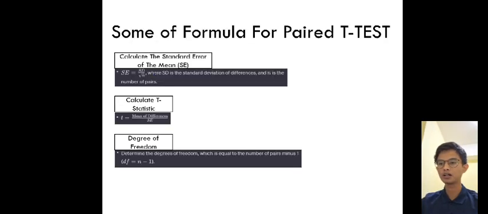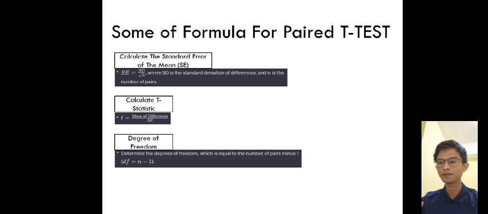The first one is to calculate the standard error of the mean, or SE. The formula is the standard deviation divided by the square root of n, whereas SD is the standard deviation of the differences and n is the number of pairs. The second one is to calculate the t-statistic.